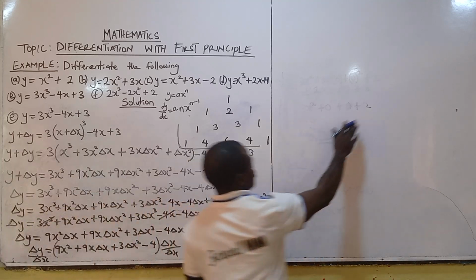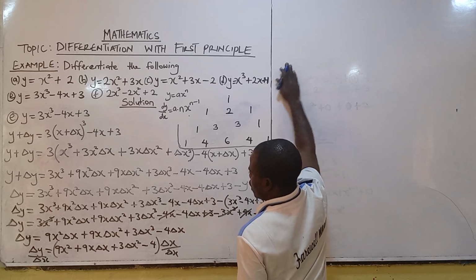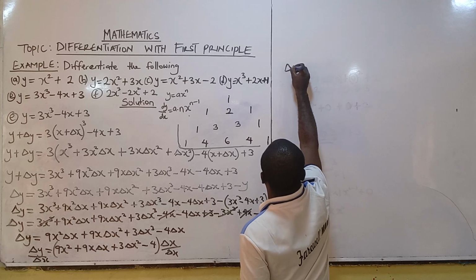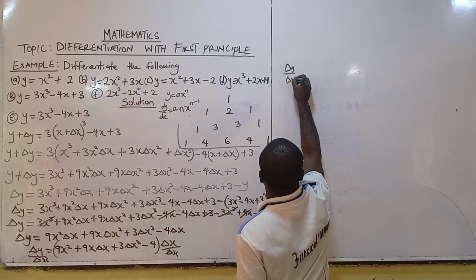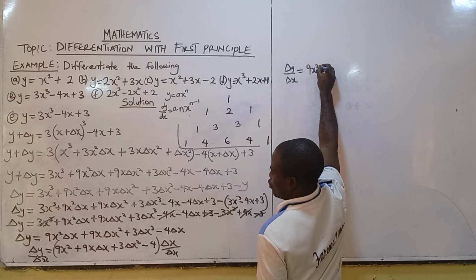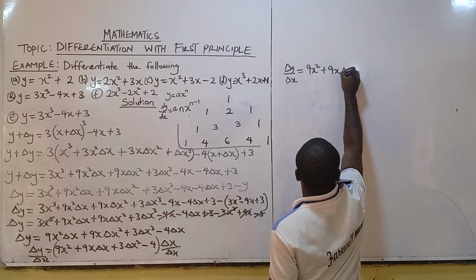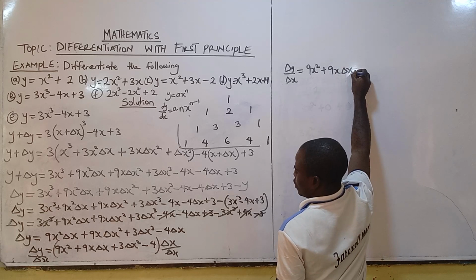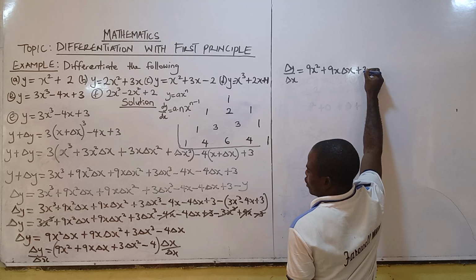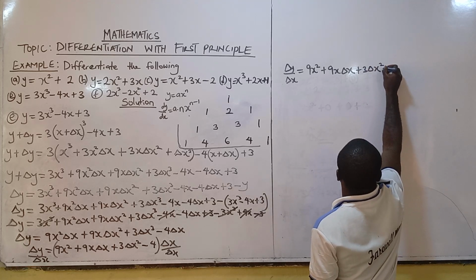Limit. Okay, let's rewrite it. dy over dx equals 9x squared plus 9x dx plus 3 dx squared minus 4.